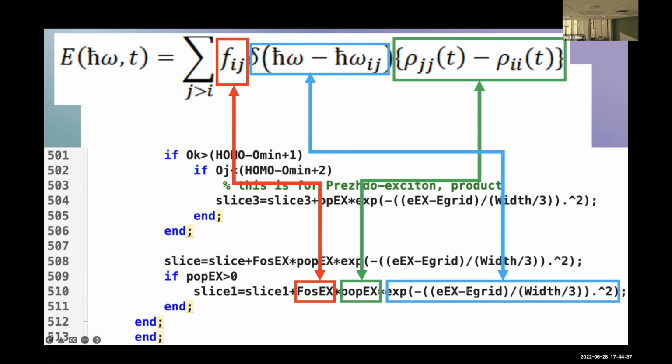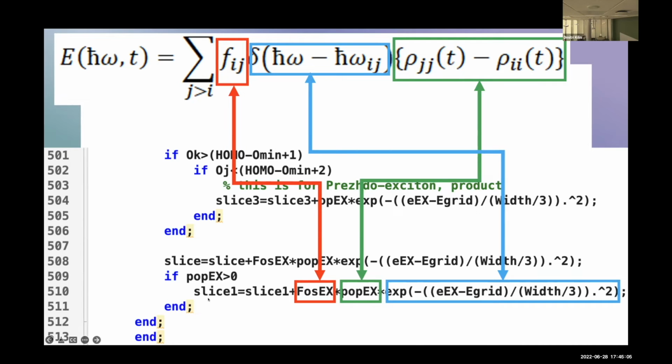Instead of a delta function, we have a Gaussian function, exponential, and the scanning over all possible emission frequencies is arranged as a contribution over all possible transitions, arranged as a summation of different terms of this thing.